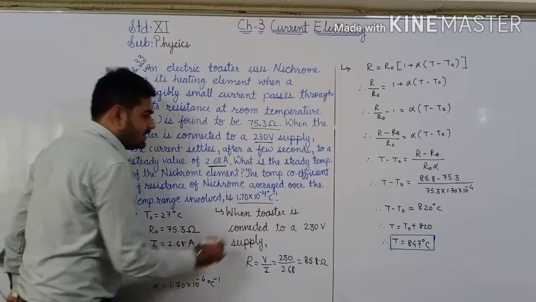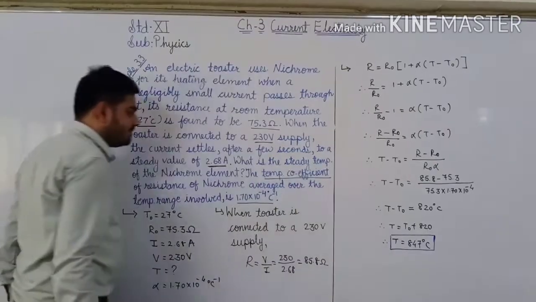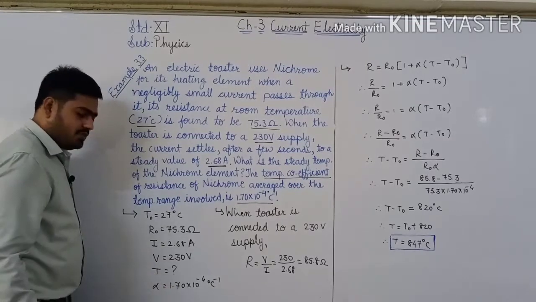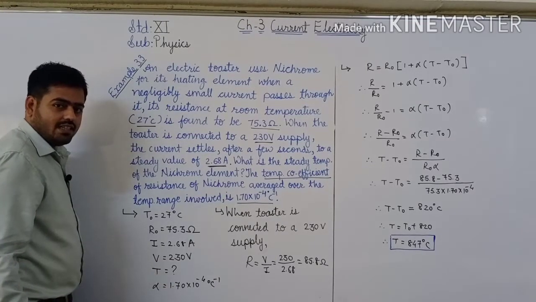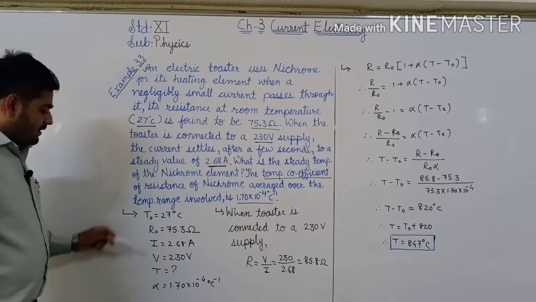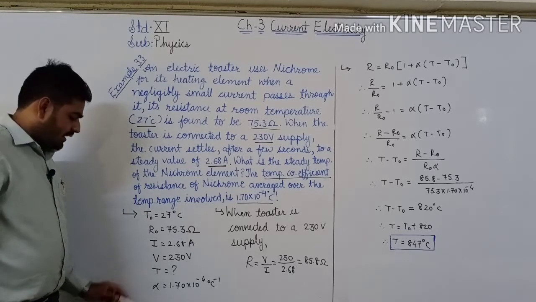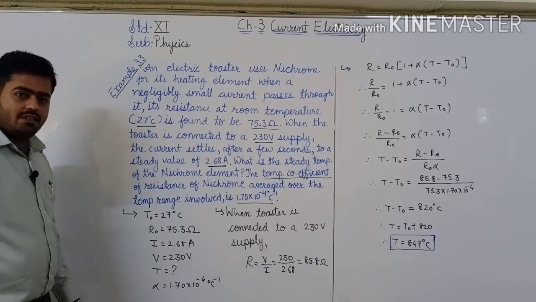So what is this? This is temperature coefficient alpha. So the value of alpha is 1.70 into 10 raised to minus 4 degree Celsius inverse. So these values are available to us and we have to find temperature T.